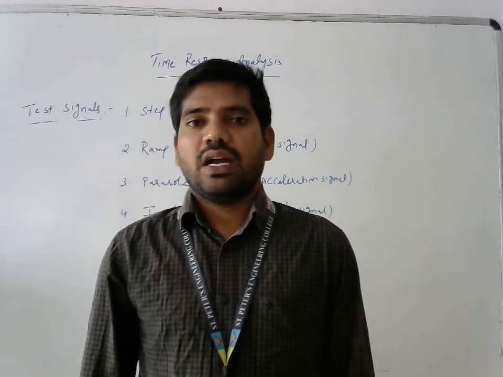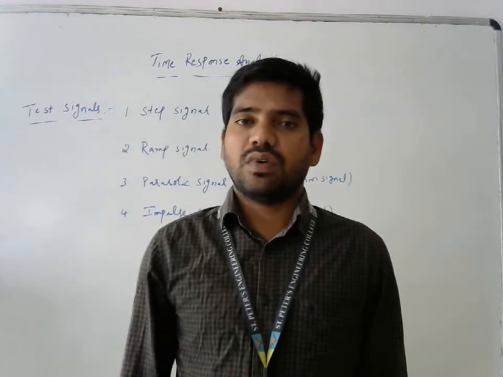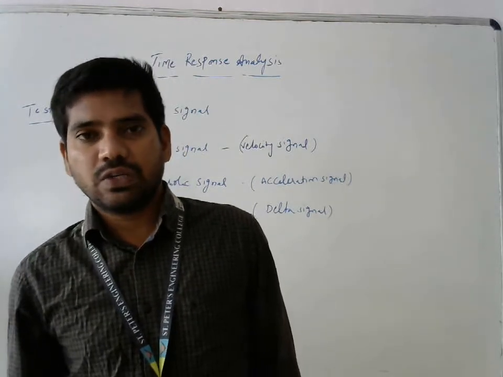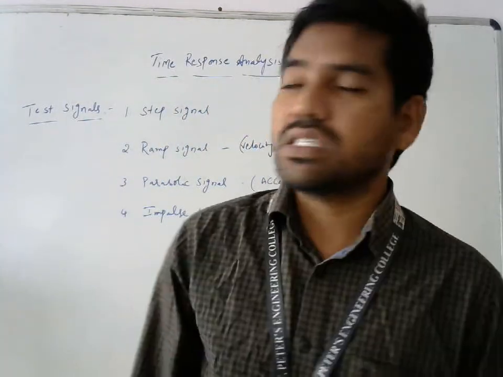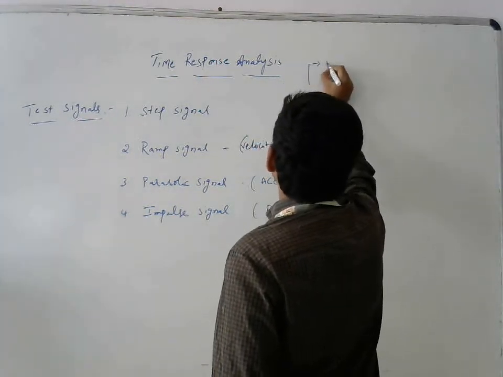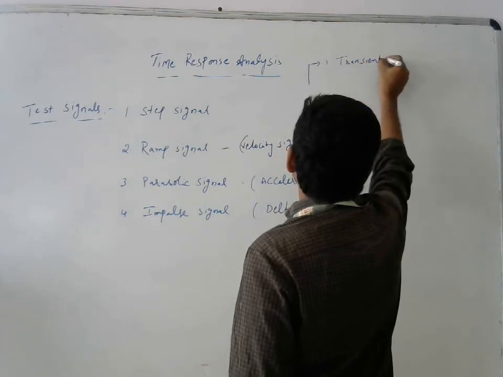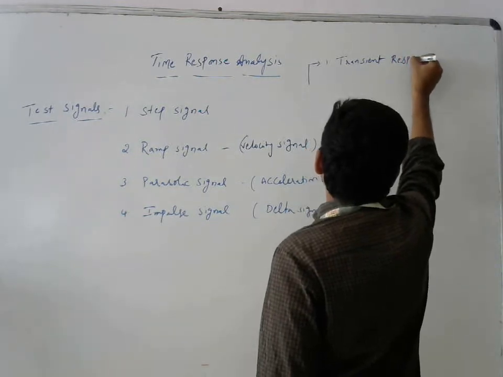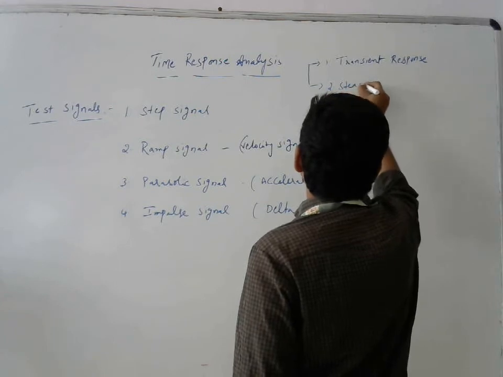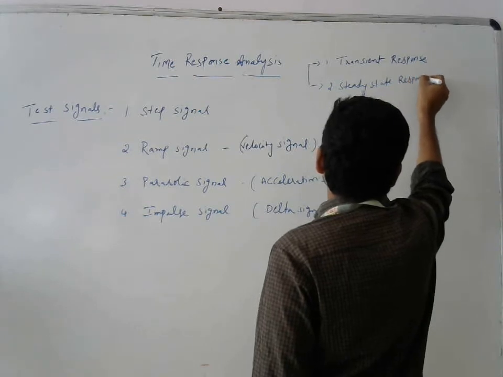In time response analysis, we have to know that there are two parts of the total time response. The first one is the transient response, and the second one is the steady state response.